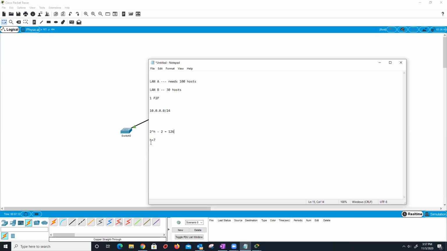If it's 2 to the 7th, that means we're only going to borrow 1 bit, because we have to leave 7 host bits. Our variable, or magic number, is then 128. So we take this one network and borrow 1 bit, breaking it into 2 subnets: 0 to 127 and 128 to 255.